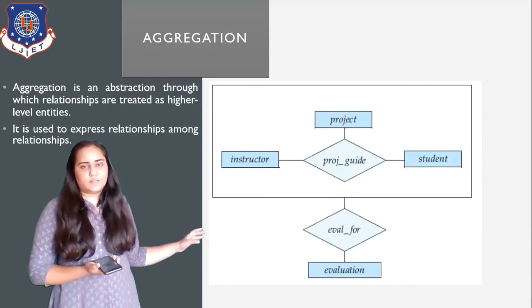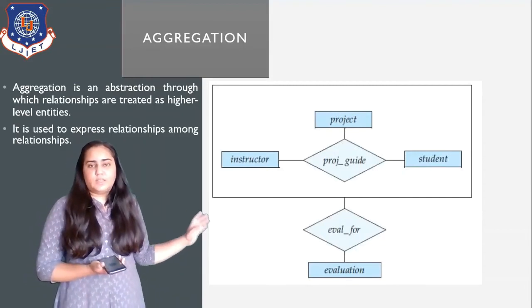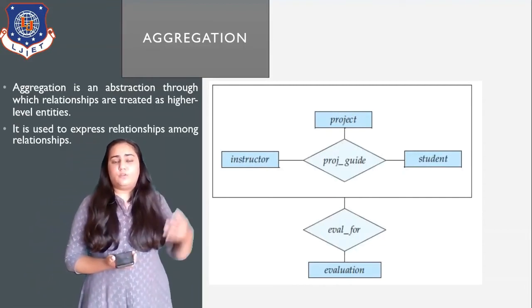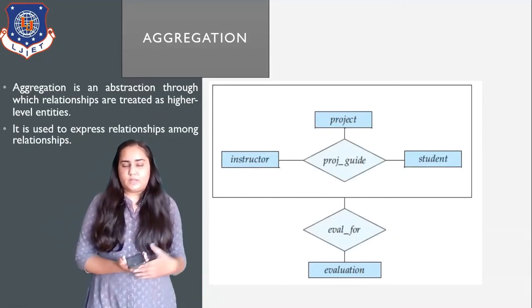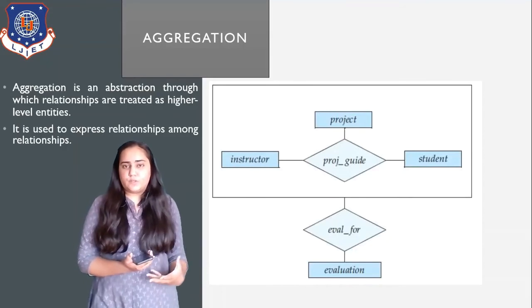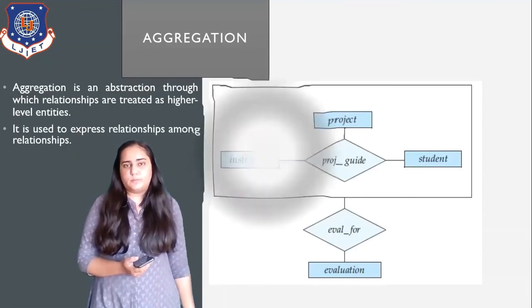So you can say that this eval for relationship that you see here is actually attached with project guide, not with an entity set. That is why you can say aggregation allows you to create relationships among relationships.